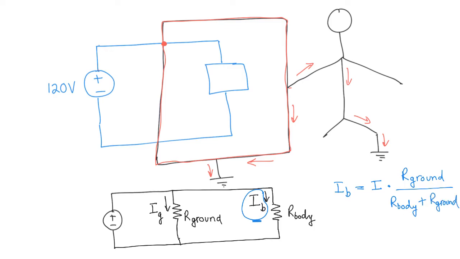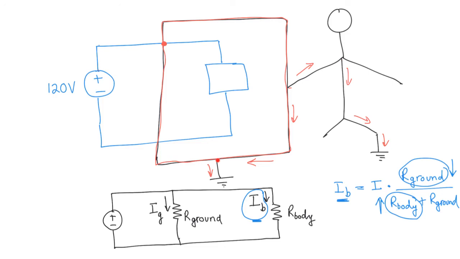So to make IB very small, we want R ground to be as small as possible and R body to be as large as possible. If our ground connection is well made, that is, the connection is properly done, then most of the current will go through it and very little current will go through the body, and hence the person will not get a shock.